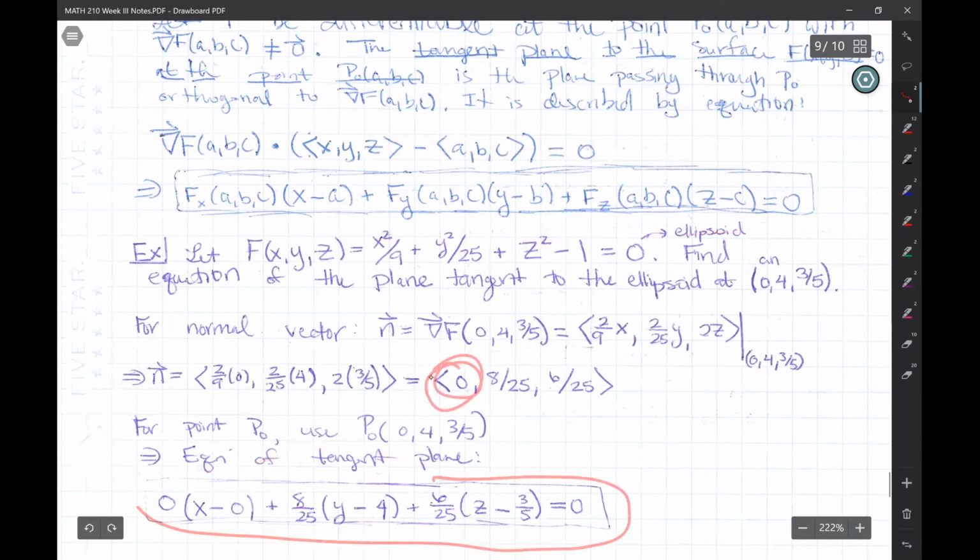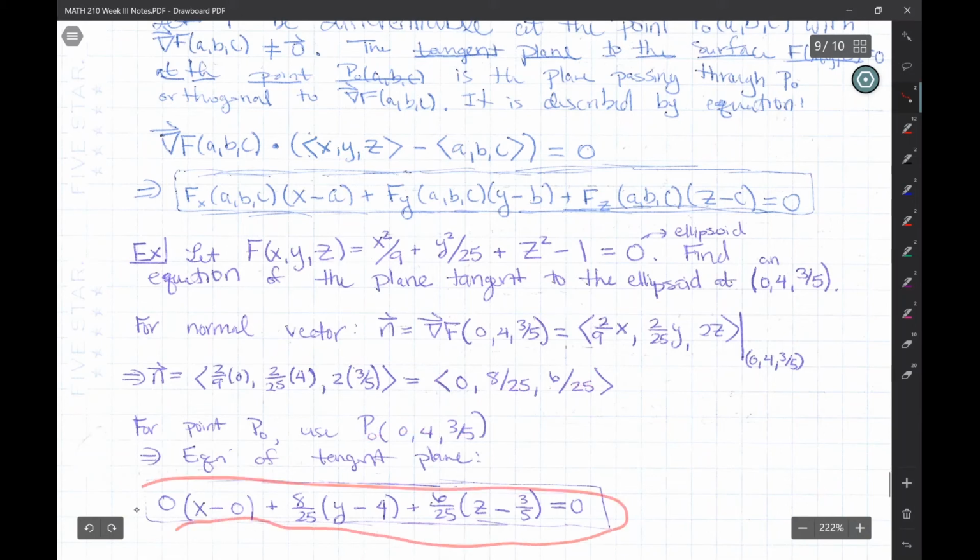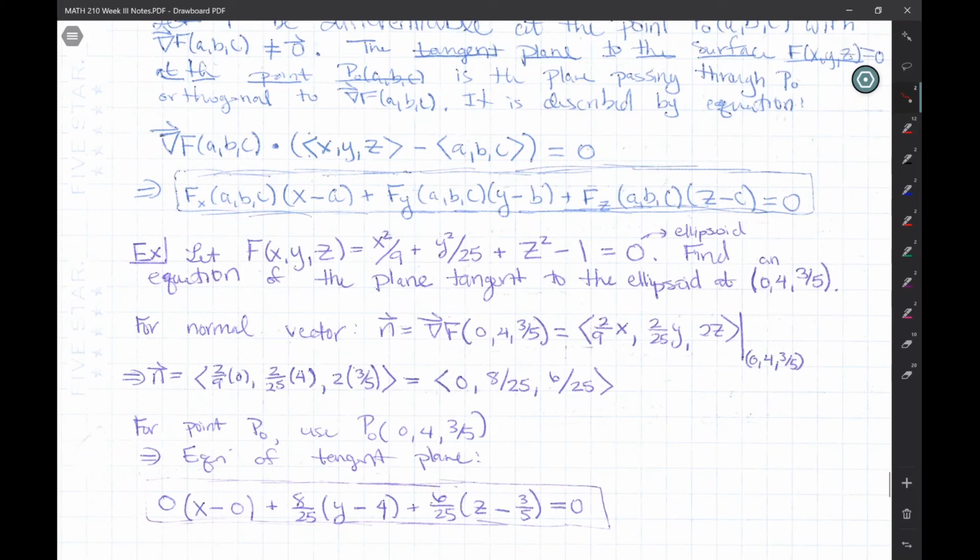So this here is f sub x at the point 0, 4, 3/5, and it is 0. And likewise for f sub y and f sub z at this particular point. And so just a simple exercise there of using this equation, you get this relation here, and that describes the tangent plane to the ellipsoid at the point 0, 4, 3/5.